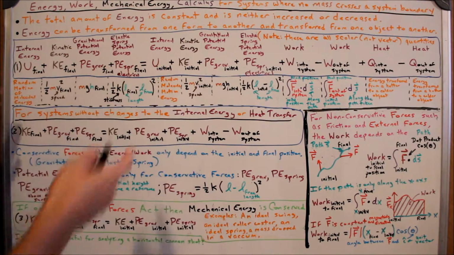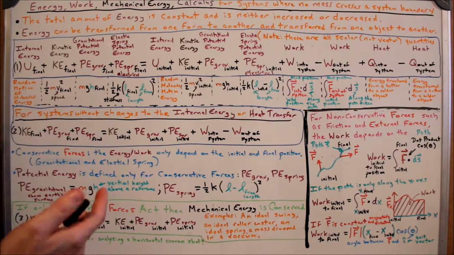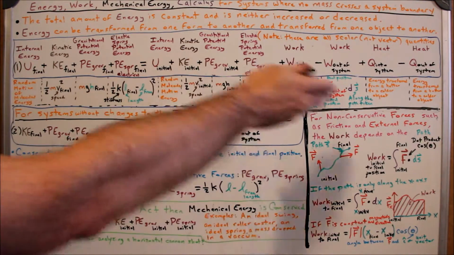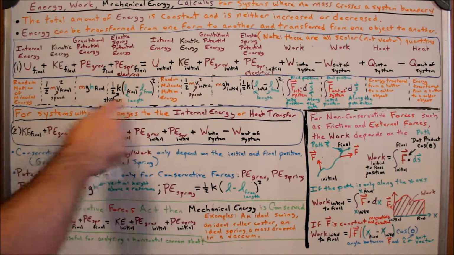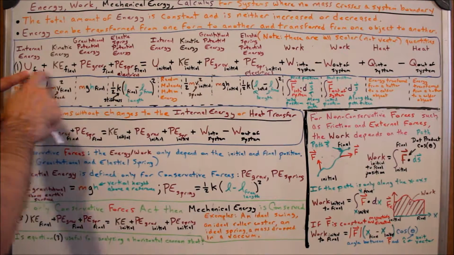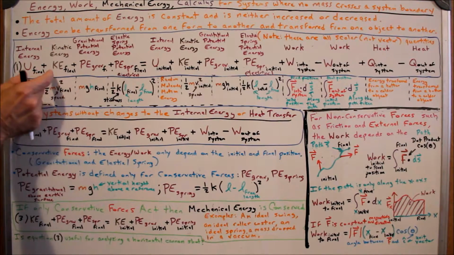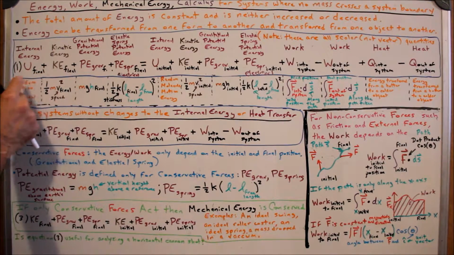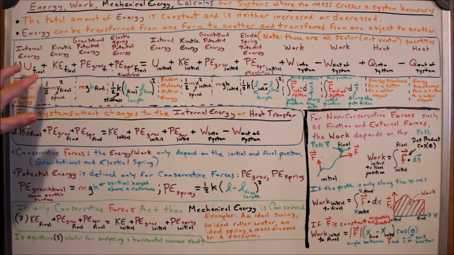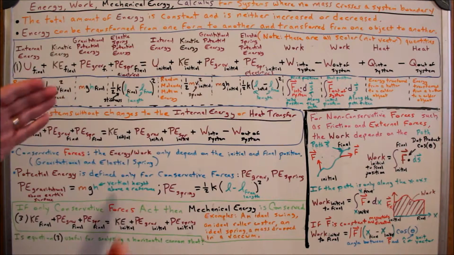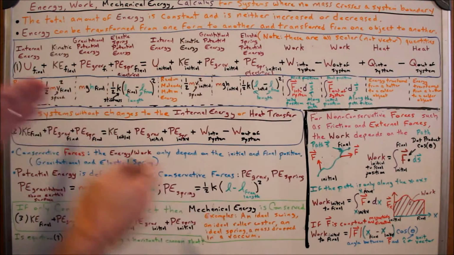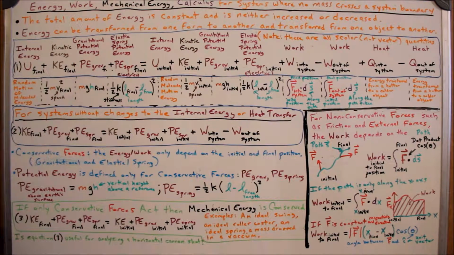Once you have an equation written with a balance, you can also bring this term over to this side and say internal energy final minus internal energy initial, which would be delta internal energy. So that's another way to think about it. I like to write it out this way first, because that makes me really think: I have something initially, I add something to it, and I have a final, rather than writing deltas, but you could do that.